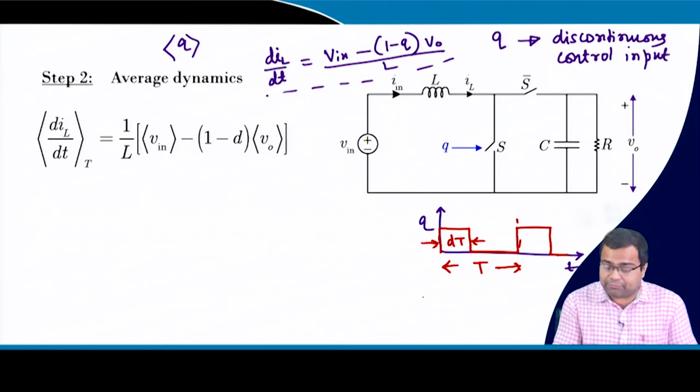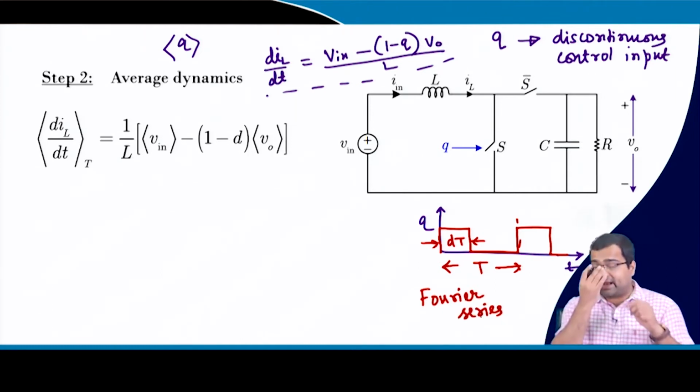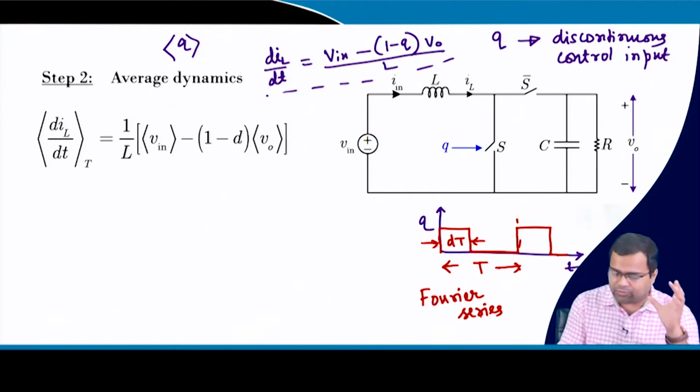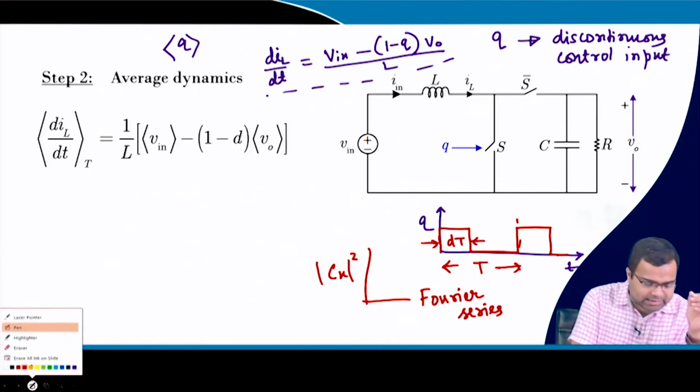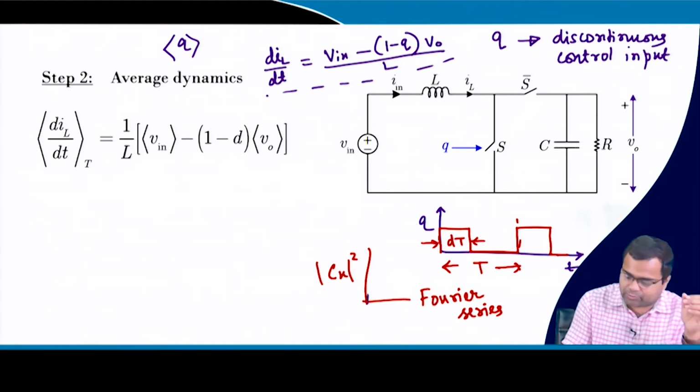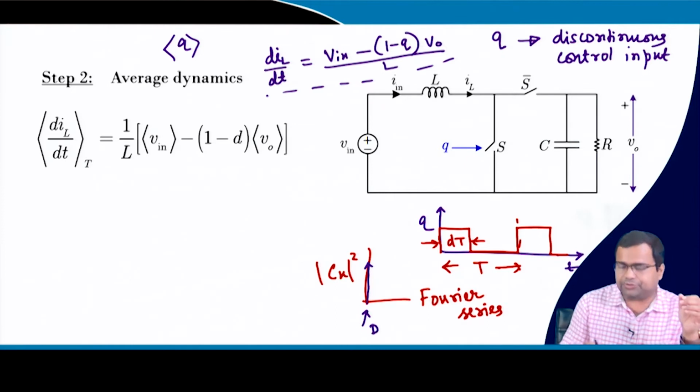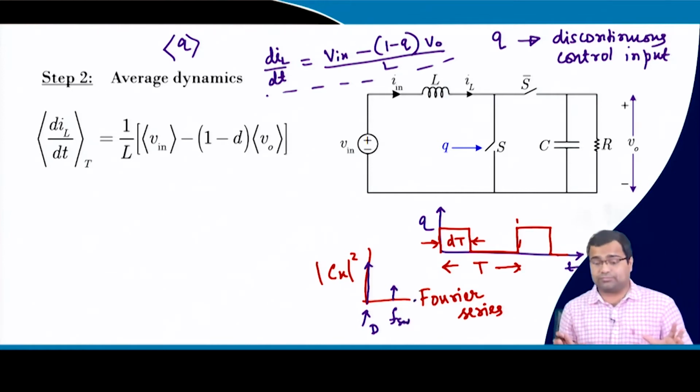Now, if we take the Fourier series of this Q, because it is a periodic signal, you will get a DC component of Q in the Fourier coefficient. If you plot the Fourier coefficient square, you will get a large spectrum at the DC component, and this corresponds to your duty ratio. Then you will get components at the switching frequency, then harmonics and so on.